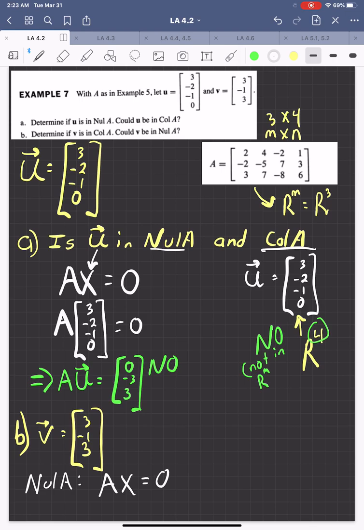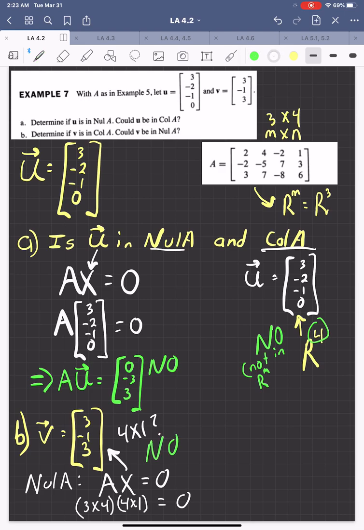And in this case, A is a 3 by 4. That would mean that every vector would have to be a 4 by 1. So let me ask the question, is this a 4 by 1? No. There's only 3 entries in vector V. So you can't do a 3 by 4 times a 3 by 1. So no, it's not in the null space.